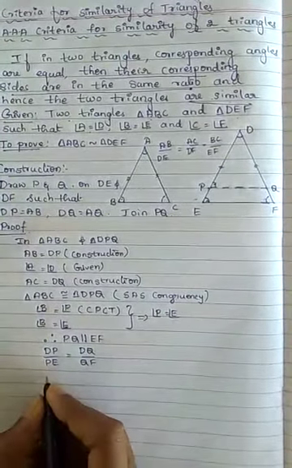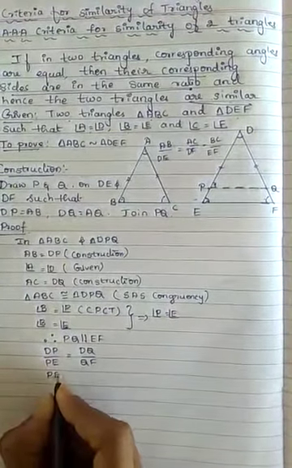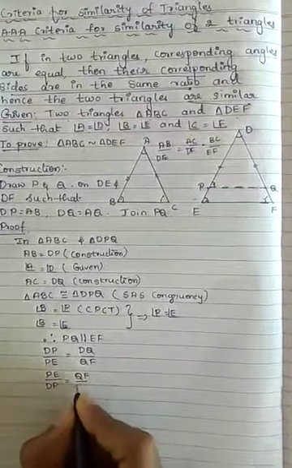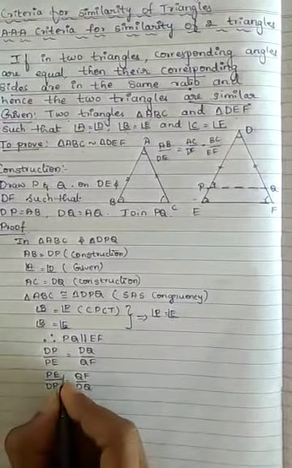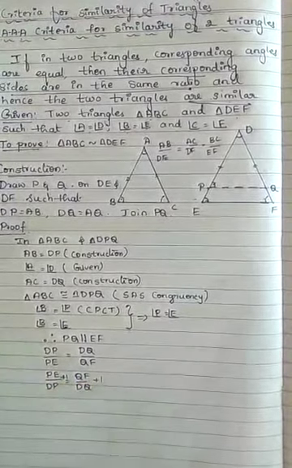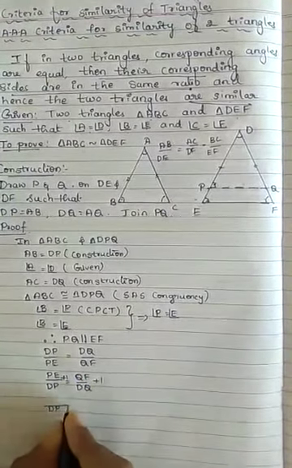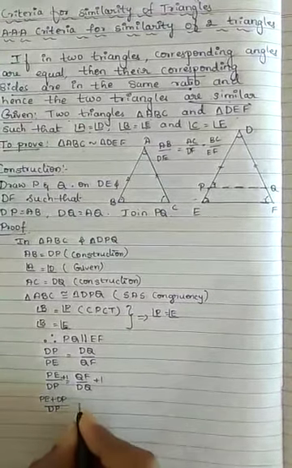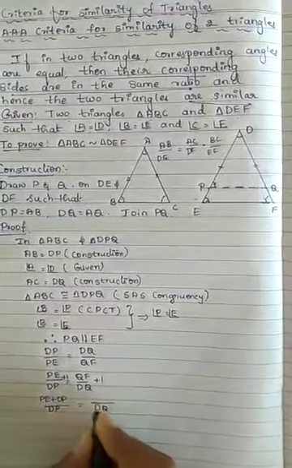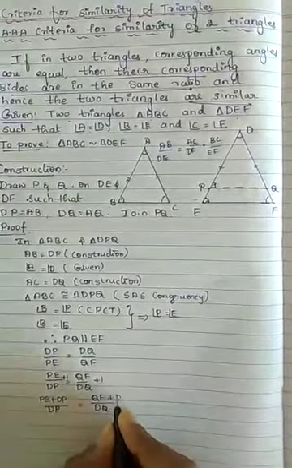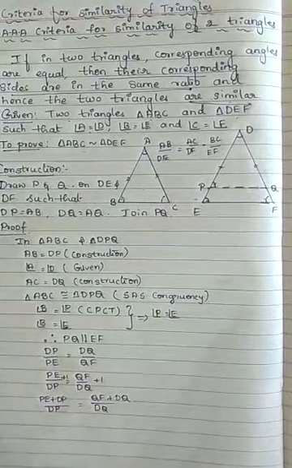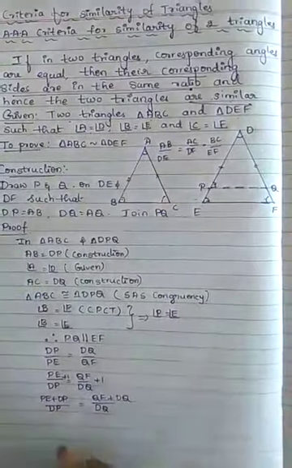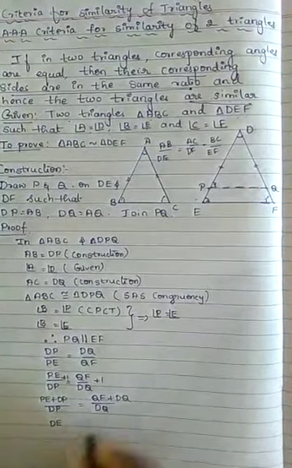So, take the reciprocal. Add 1 to both sides. Then DP by PE plus 1 is equal to DQ by QF plus 1.